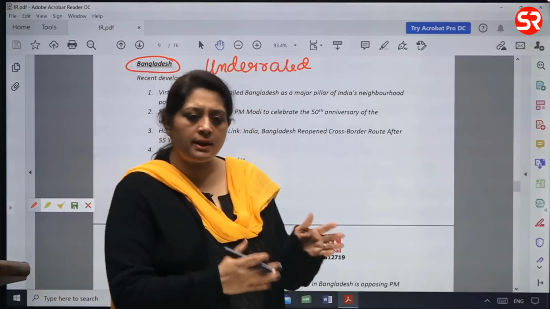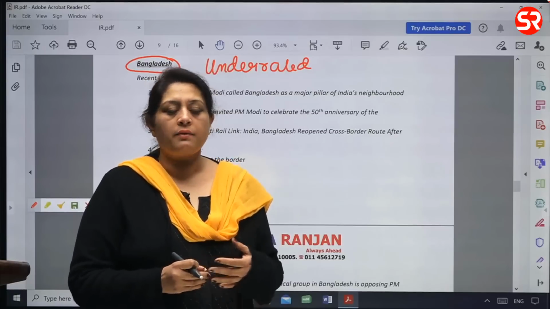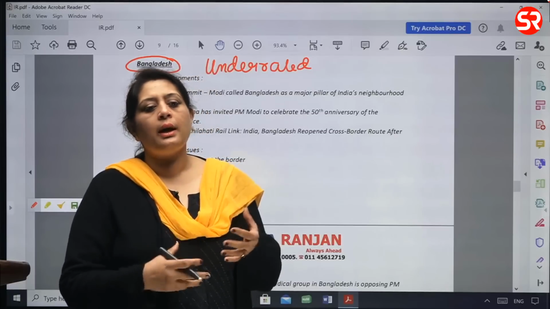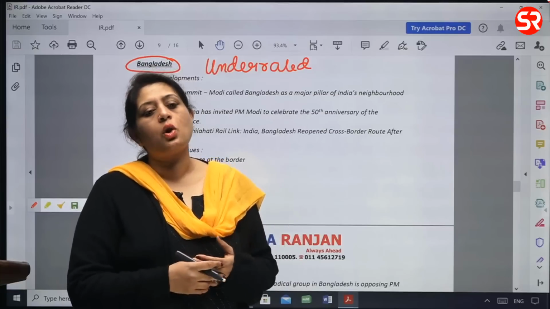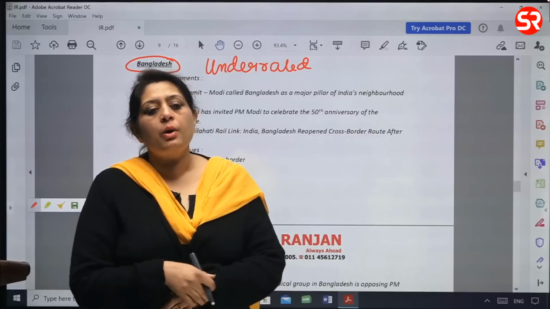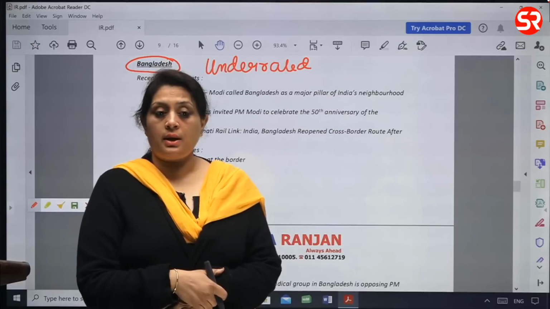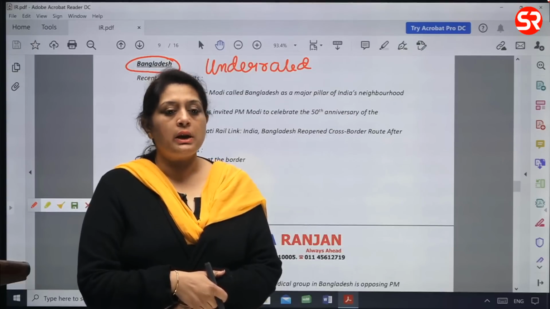And since the Sheikh Hasina government is there, we do have good relations, and we have successfully resolved many issues, including the land boundary and maritime boundary, but new issues are emerging which may spoil the relation.